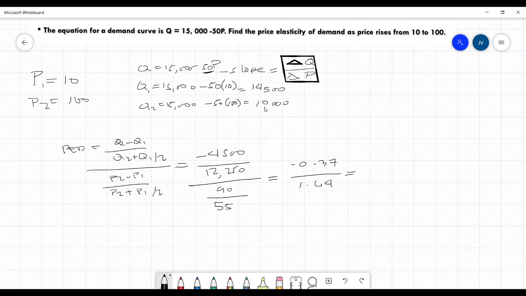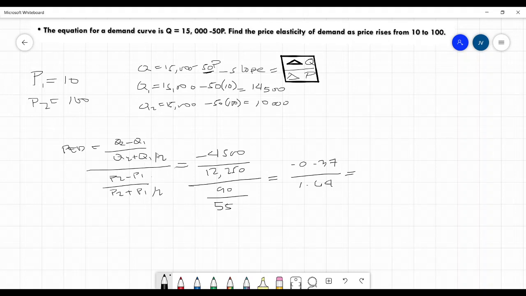Going back, so muna siya kung i-solve kung nakita ninyo. I-substitute ako ang 10, P1. Substitute ako ang P1 here sa P to get 4,500. I-substitute ako ang P2 sa 100. So I get 10,000. So na ako yung value for P1, P2, Q1, Q2.